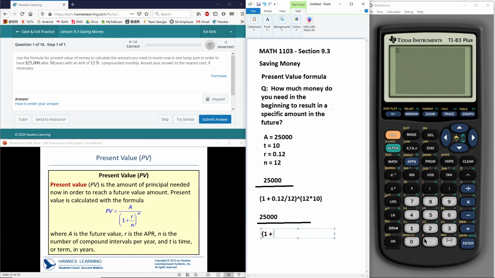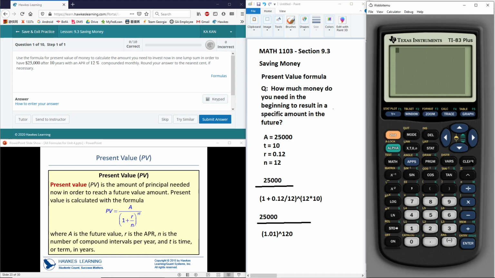You can always put it in a calculator if you want to. 0.12 divided by 12 is 0.01. So 1 plus 0.01 is 1.01, right? Raise it to the power of 120, that's 12 times 10.